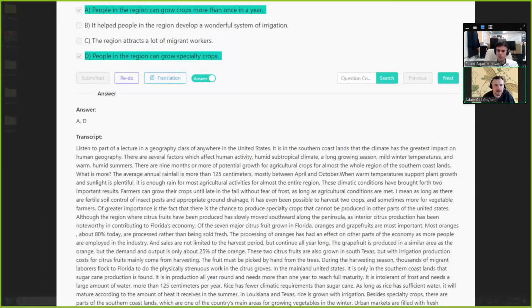So it's not the weather that attracts migrant workers, it's the industry that attracts them. So the chain of reasoning is different. Because there's good weather, that makes it easy to grow these fruit. And then that is the reason why you get migrant workers. So it's not a direct effect of the weather.